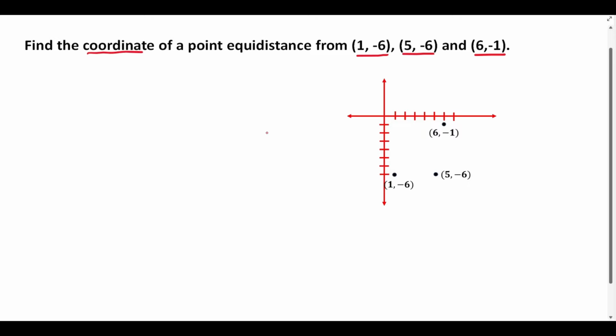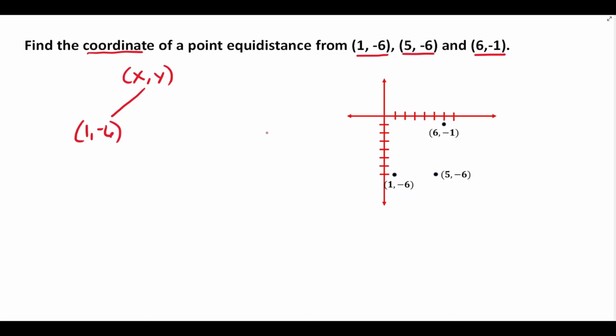So we're looking for the coordinate, that's x and y, and the distance from point (x, y) to the point (1, -6) must be equal to the distance from point (x, y) to the point (5, -6), and also equal to the point (6, -1).